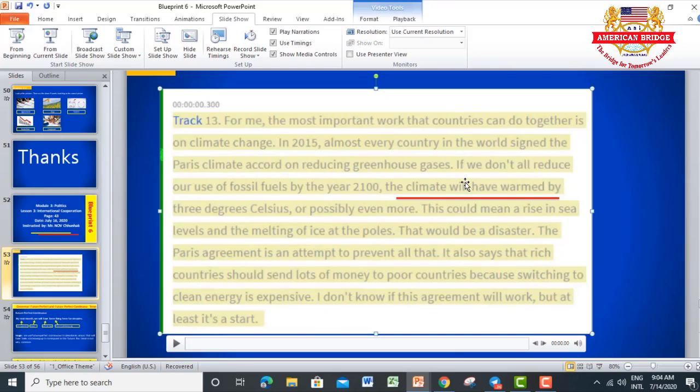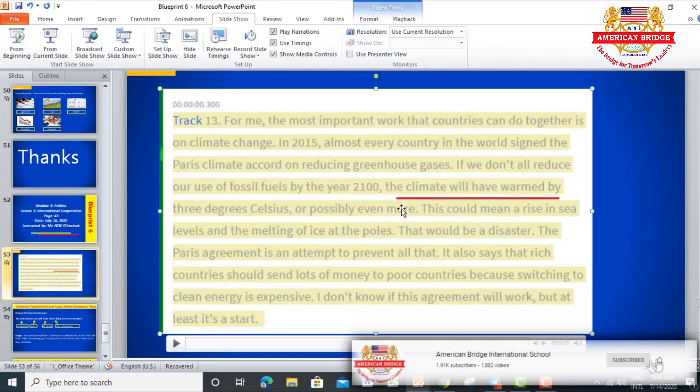If we don't all reduce our use of fossil fuel by the year 2100, the climate will have warmed by 3 degrees Celsius.